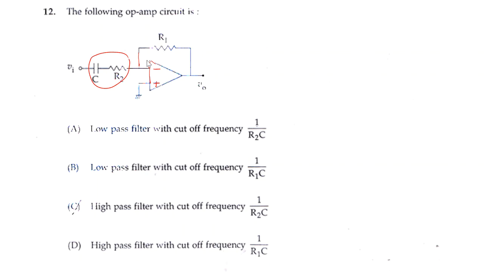Then it acts as a simple high pass filter. If the same resistor and capacitor are connected like this, then this will act as a low pass filter. So the following op amp is a high pass filter with a cutoff frequency of 1 by R2 into C. So this will be the answer here. So C.